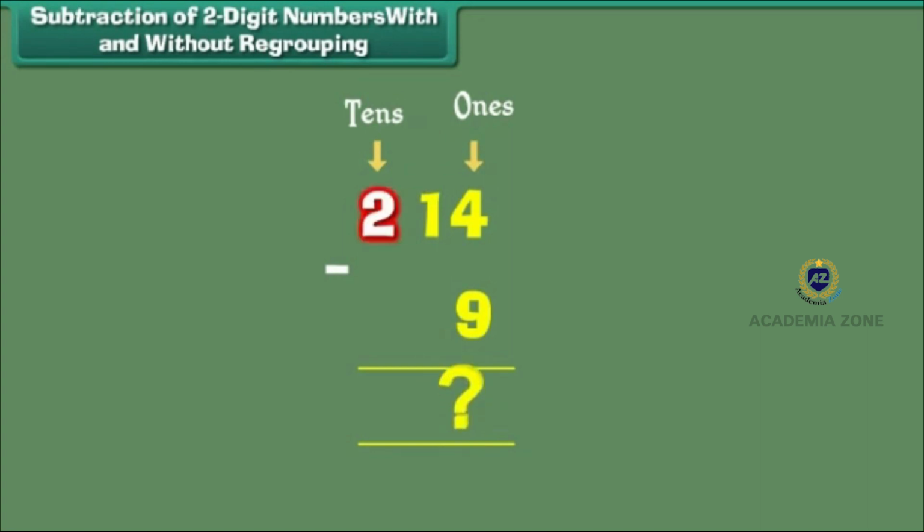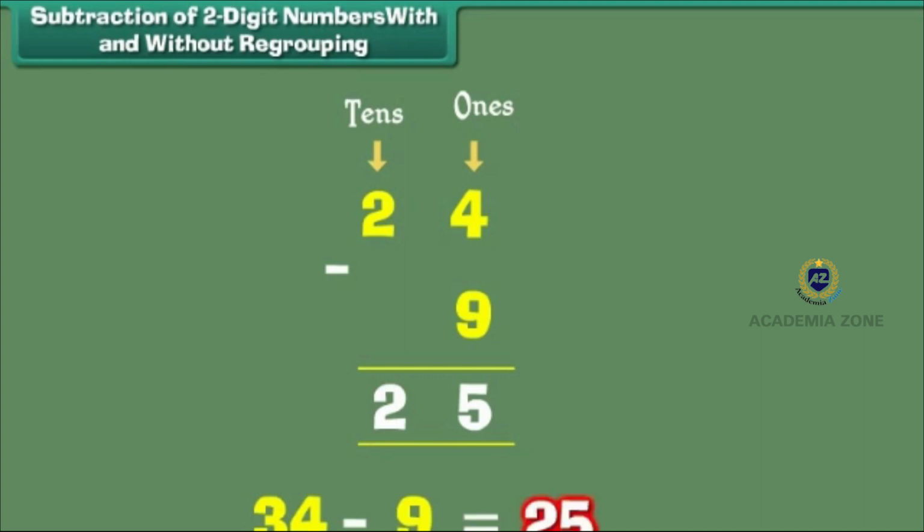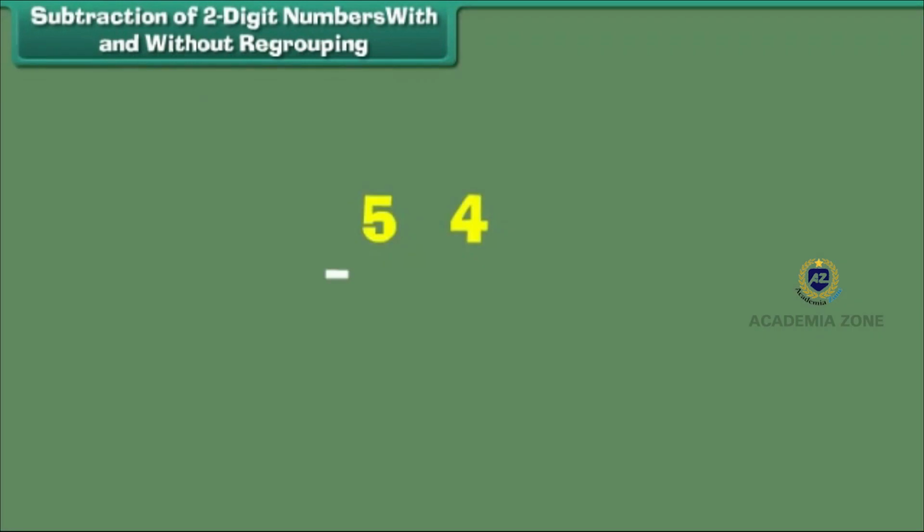Now we have 2 tens and 14 ones. We remove 9 ones from 14 ones. We are left with 5 ones and 2 tens. Therefore, 34 minus 9 is equal to 25.